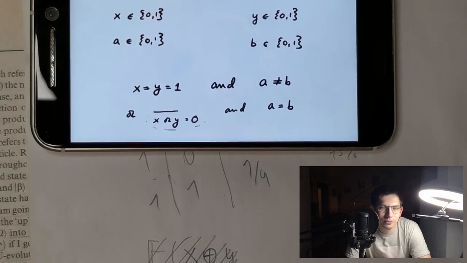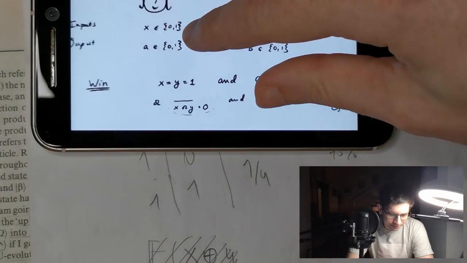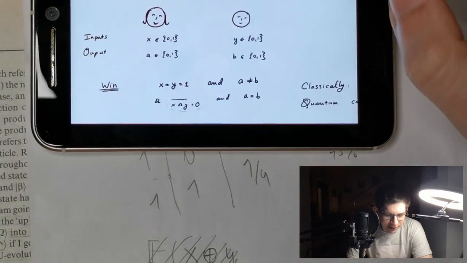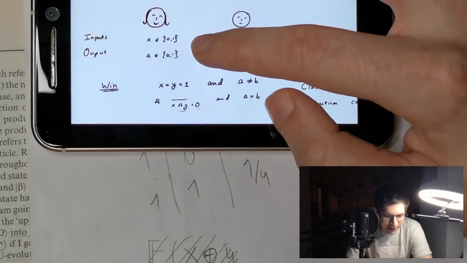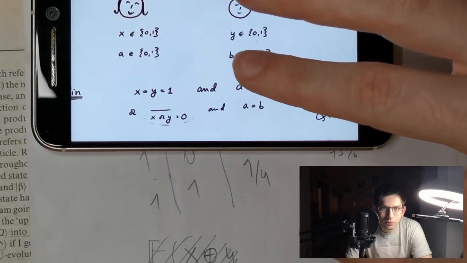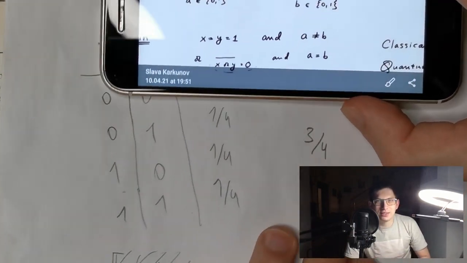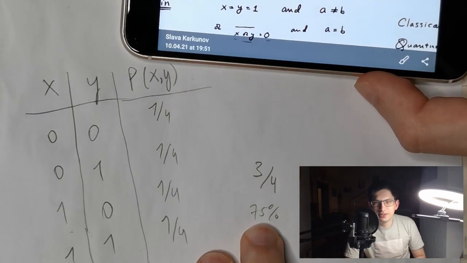Yeah, okay, so basically here the idea is that in the best classical situation, the probability is 75%.